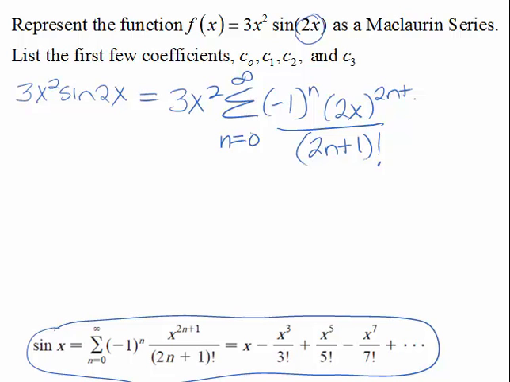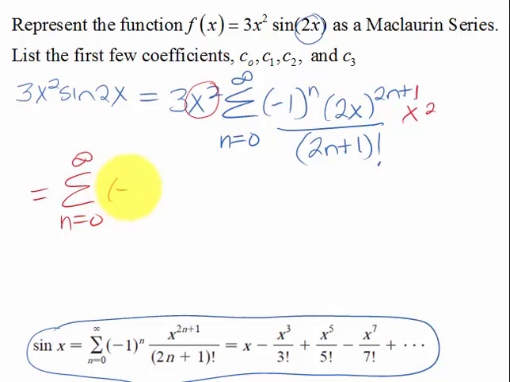We can move this x squared inside and combine it. So we can put an x squared in here, and then we could combine these. So let's go ahead and express this. I'm going to move everything inside so we don't lose track of it.